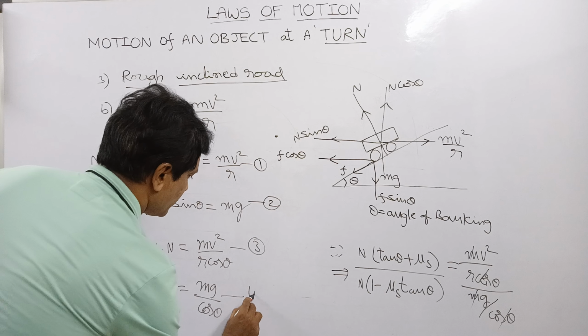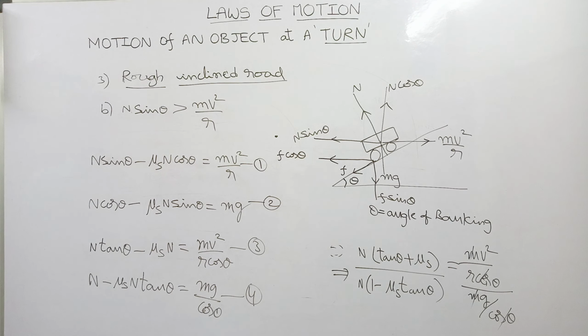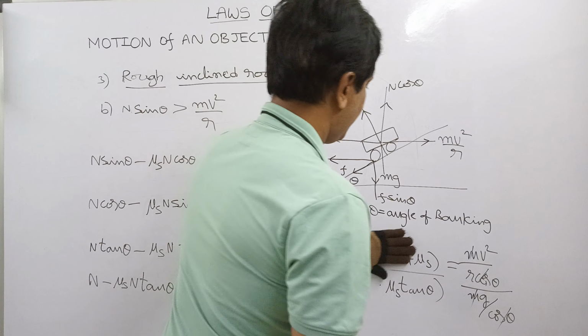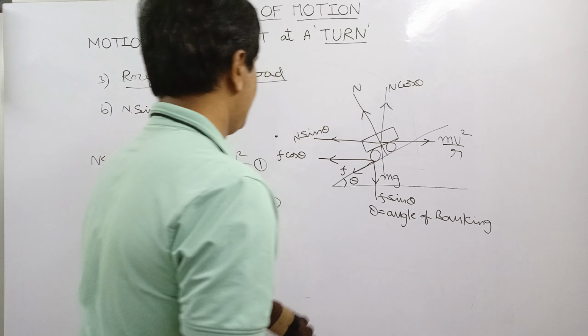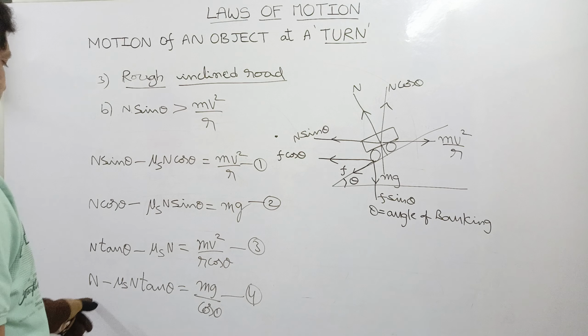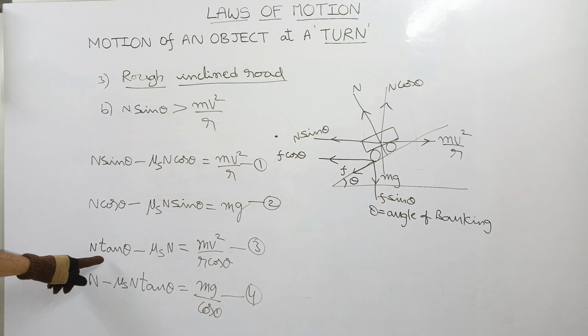This is equation 4. Again we divide equation 3 by 4, and we can get the velocity in the same way as in case A.